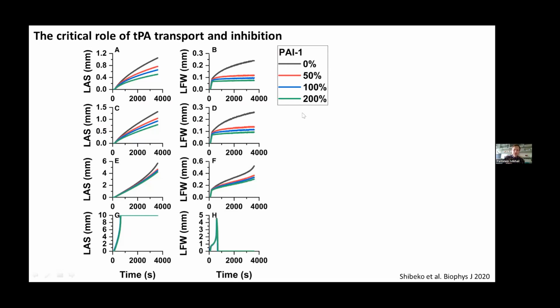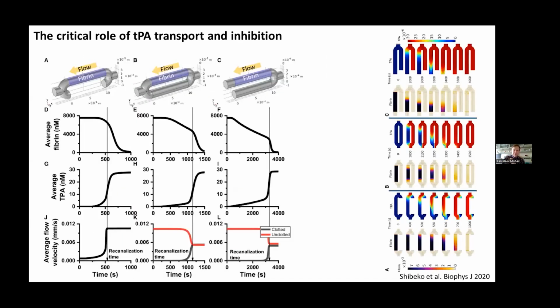When you consider the process in space and time, the very low concentrations of TPA at the front come in contact with PAI-1, and so PAI-1 can regulate the efficiency of TPA diffusion at very low concentrations.